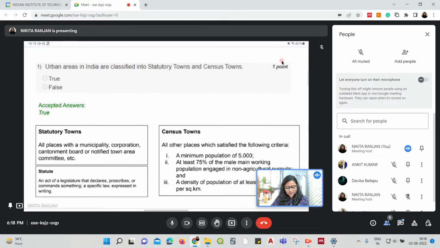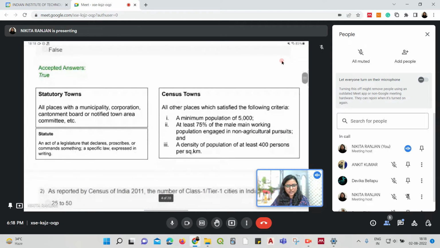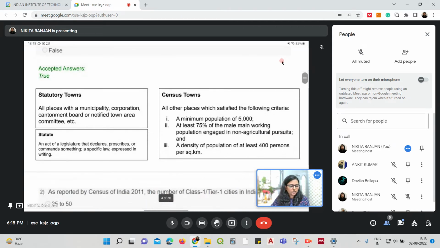So they might be getting converted to the status of an urban area. So how is it determined if a place has reached or can be called an urban area? It is defined by the census definition of towns.